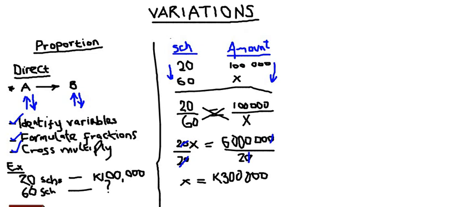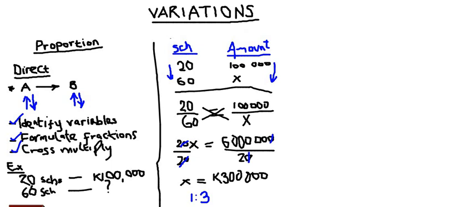The ratio 20 to 60, which is 1 to 3, is the same as the ratio of the amounts, 100,000 to 300,000, that is also 1 to 3. So that's why we're saying direct proportion, you have a relation where the ratio is constant. The variables that are proportional directly will have a constant ratio, right?